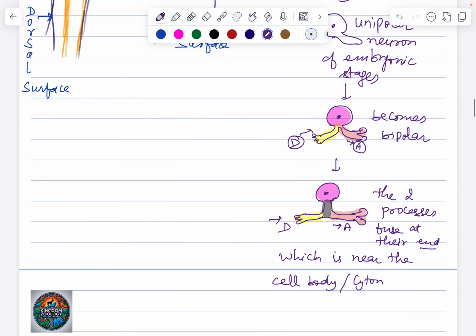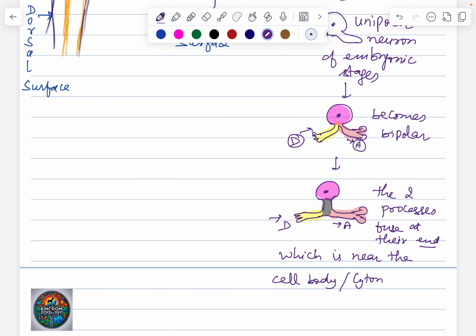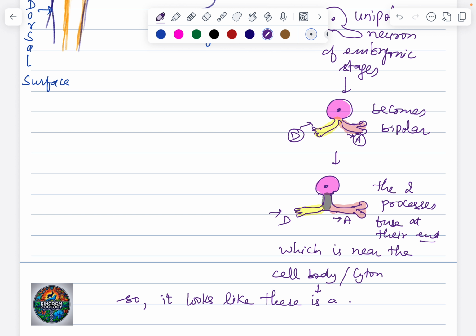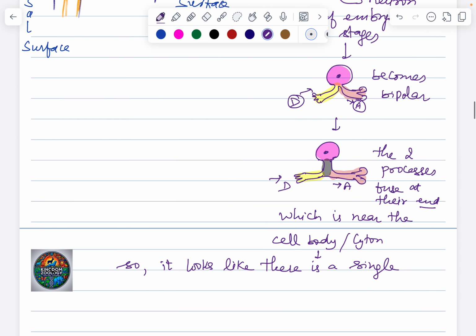The two processes fuse at their end, the terminal that is close to the cell body or the cyton. So it looks like there is a single process arising from the cell body.